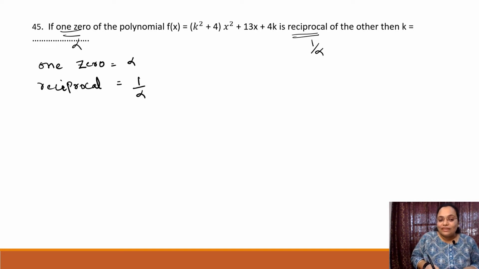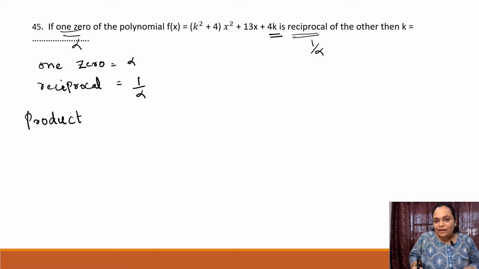Yes, so we need to find the product. To find the value of k, which is in the constant, right? K is in the constant. So we need to find the product. Okay. Product of zeros is equals to alpha beta, which is c by a.